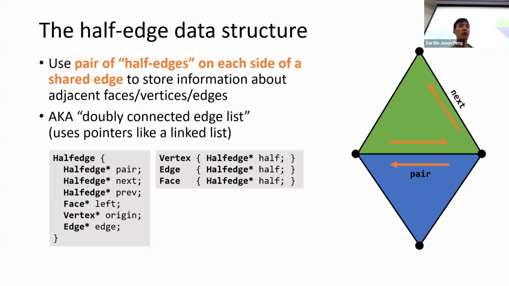So the horizontal half-edge is going to store a pointer to this next half-edge that belongs to the same green triangle. And then it's also going to store a pointer to the previous half-edge that also shares the same triangle. So each half-edge is going to store pointers to other half-edges that form a triangle with our current half-edge.